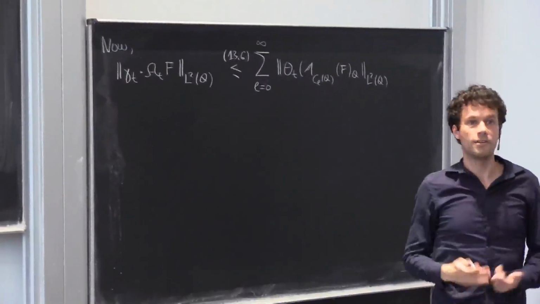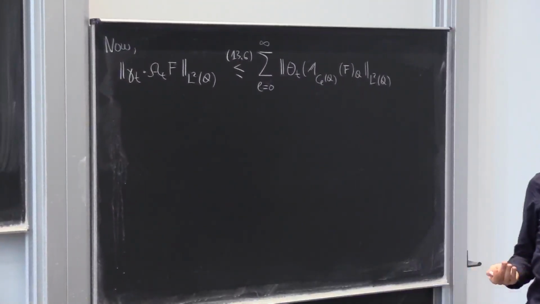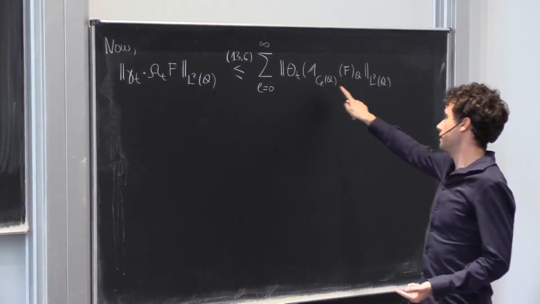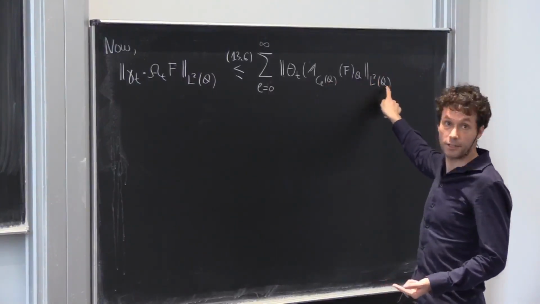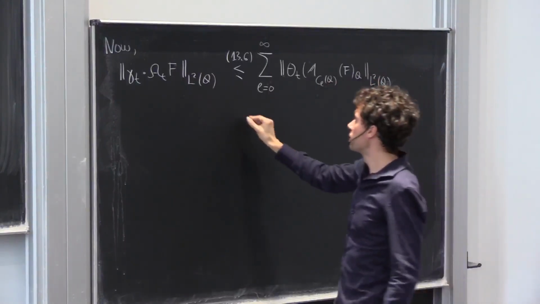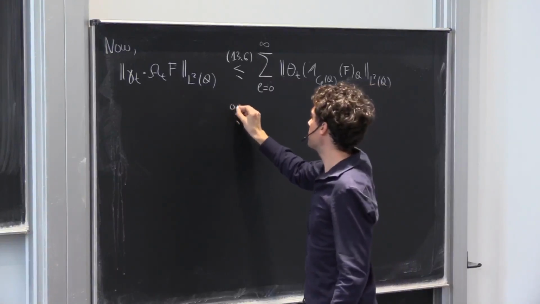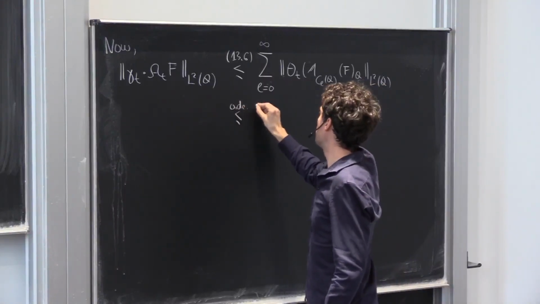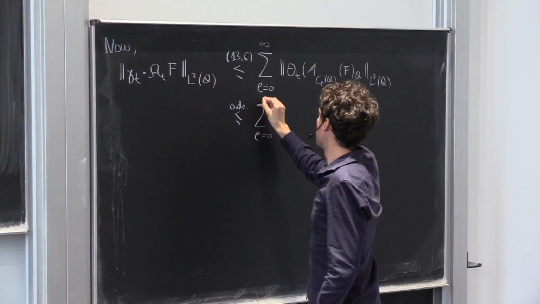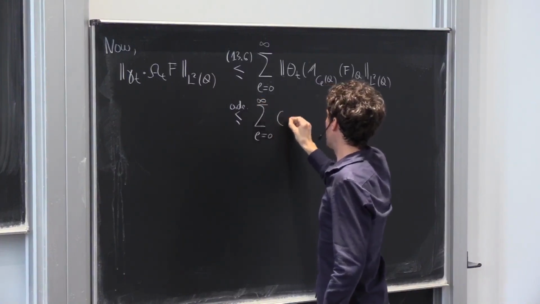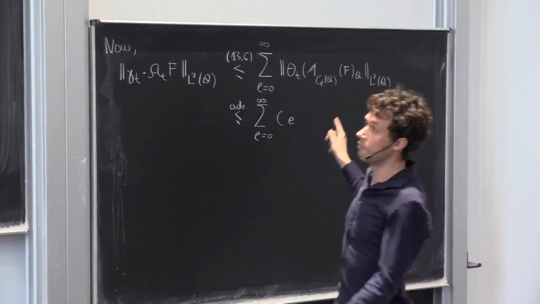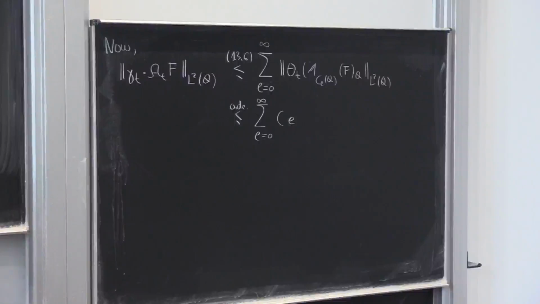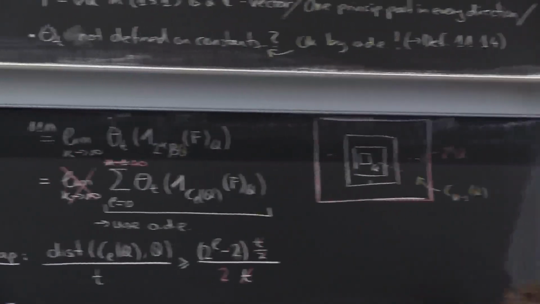And now that, of course, is no problem at all for the mighty off-diagonal estimates. The function is supported in an annulus. I'm measuring the L2 norm on the cube, so I use off-diagonal estimates, and I can bound it by a constant times the exponential of minus exactly this expression times a constant.